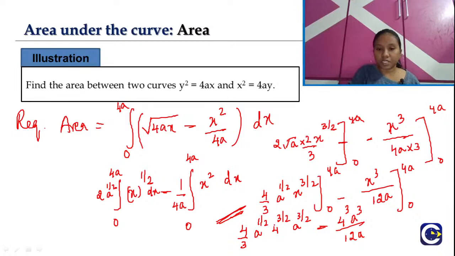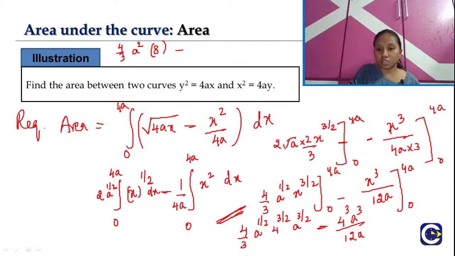So 4 can be written as 2 square and the 2 will get cancelled, which will be 2 cube. So 4 by 3. So what is 1 by 2 plus 3 by 2, guys? It will be 4 by 2, which is a square. So 4 by 3 a square, and this will be 2 square. So 2 cube is 8 here.